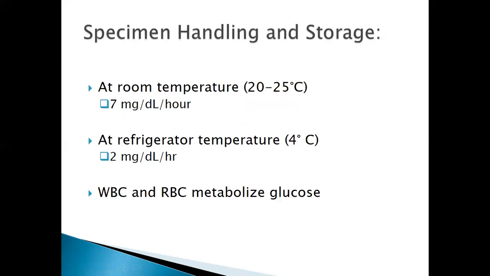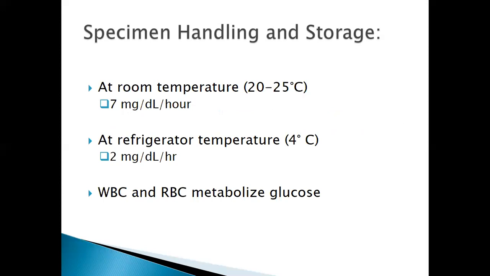Now, usually if we analyze glucose in the laboratory, the recommended temperature is room temperature of 20 to 25 degrees centigrade.